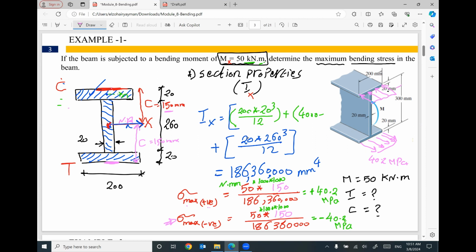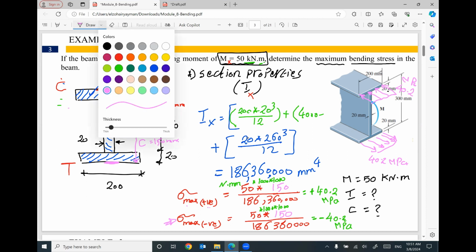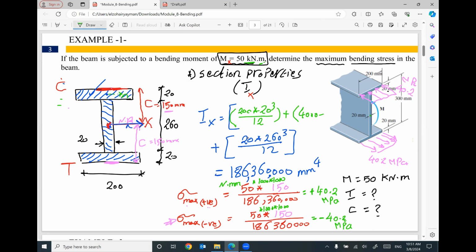How much? 40.2 megapascal. At the centroid of this cross section, we will have the neutral axis. This neutral axis is zero stress. So you can connect between the maximum stress and the neutral axis, and between the maximum stress here and the neutral axis. That makes sense? Okay. So I can draw my stress looking like this.